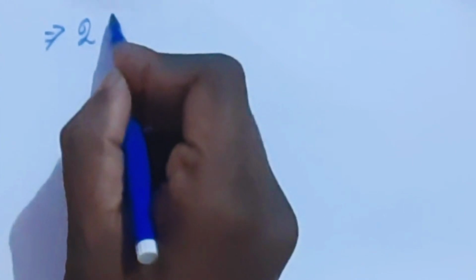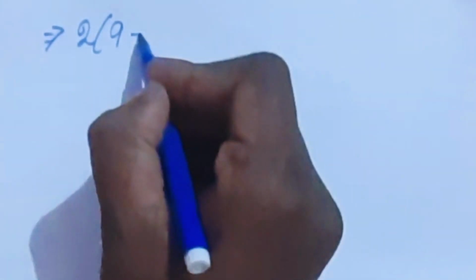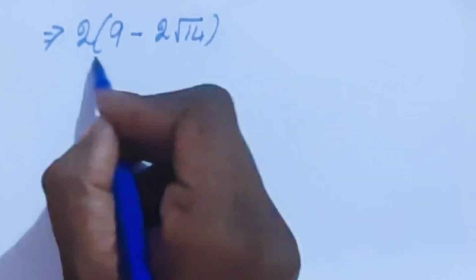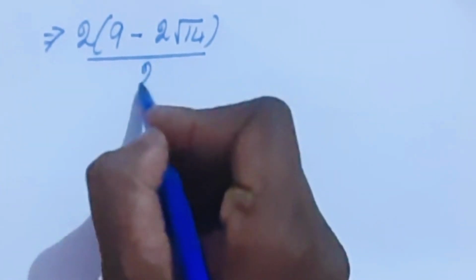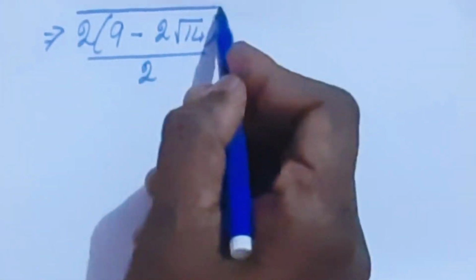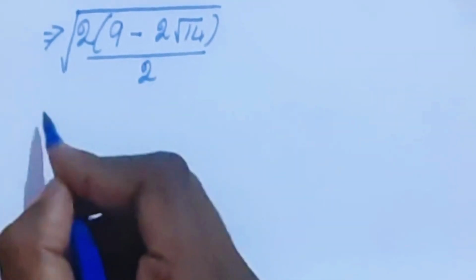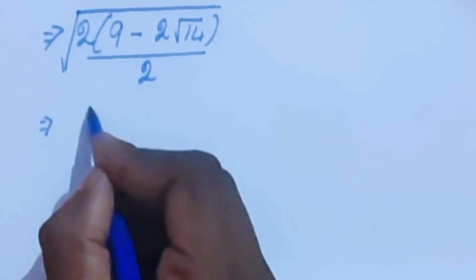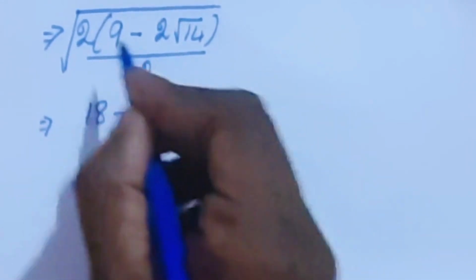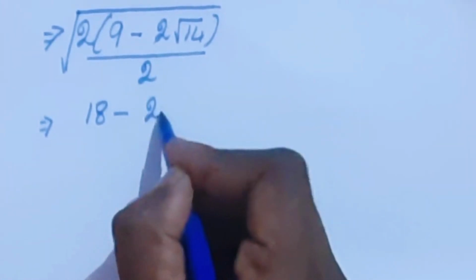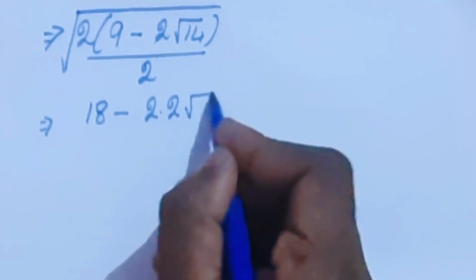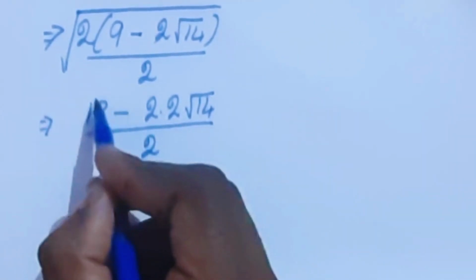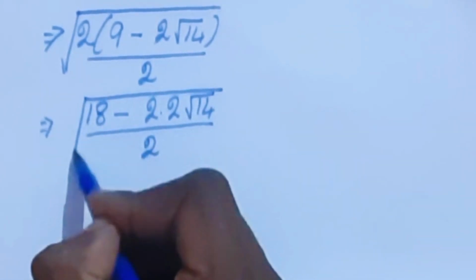2 times 9 minus 2 square root of 14, divided by 2, in whole square root. Now multiplying this here, 2 times 9 is 18, minus 2 times 2 square root of 14, divided by 2, in whole square root.